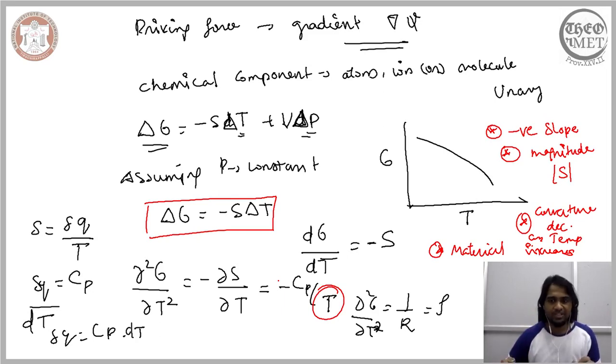When there is a difference in the heat capacity, it means you will have different plots to represent the change in the Gibbs free energy with respect to temperature.